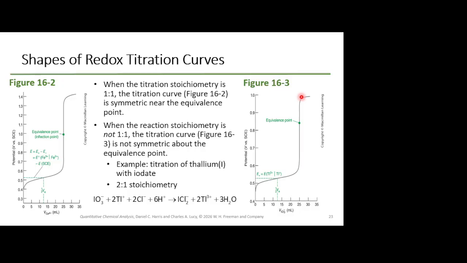So when the titration stoichiometry is 1-to-1, your titration curve will be symmetric. When it's not a 1-to-1 ratio, when you have a 3-to-1 or 2-to-1, this is a 2-to-1 stoichiometry, by the way, you're going to see a titration curve like this, and you'll see that this is about 2 times what this is. And so that's what we're seeing there. We can have an uneven number.